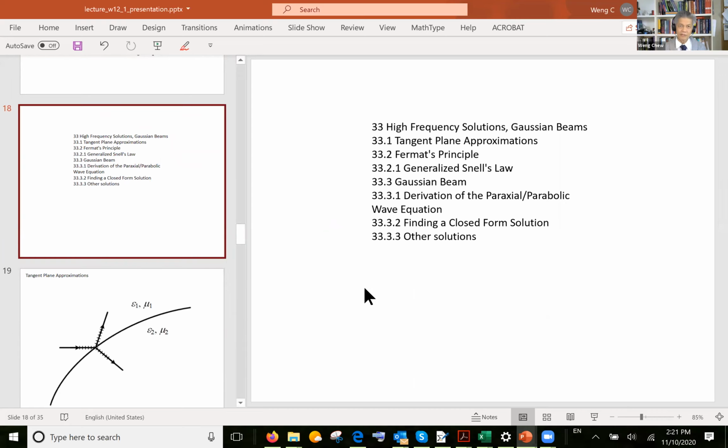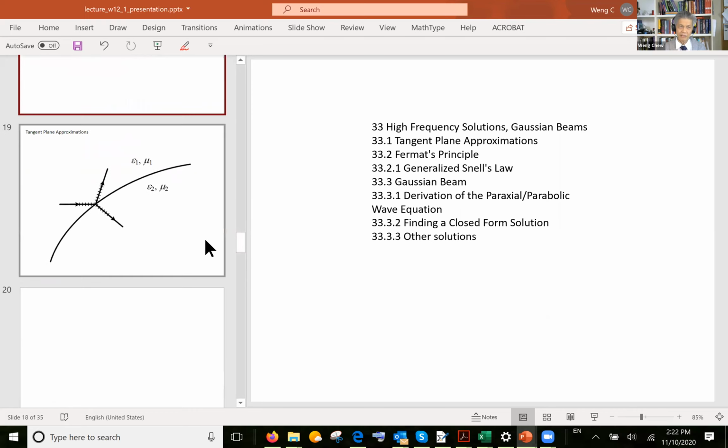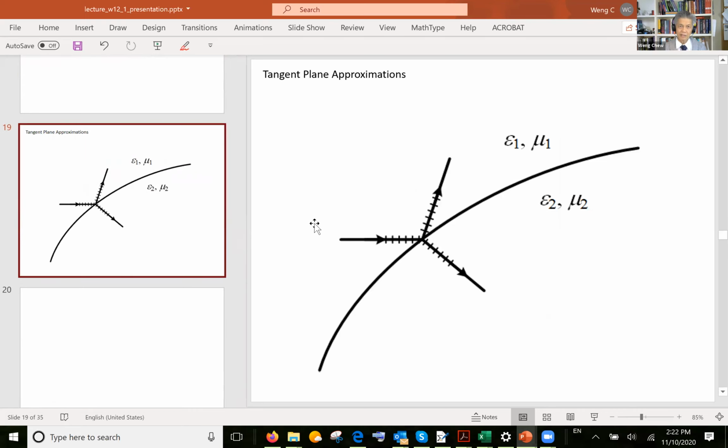So let me move on to talk about high frequency approximations. How do we solve problems when the frequency is very high? Well, there's something that we can do, which is to make the tangent plane approximation. We know that if we have a source, and you go far away from the source, the wave becomes a spherical wave.